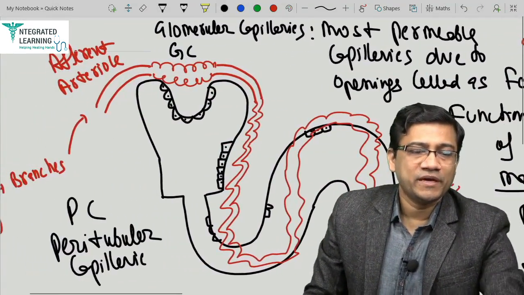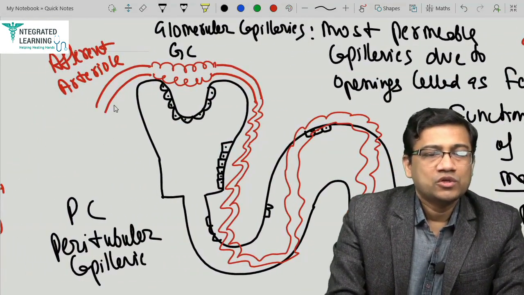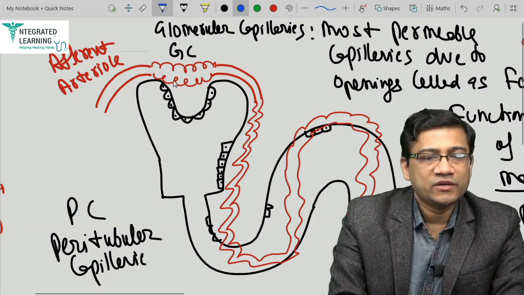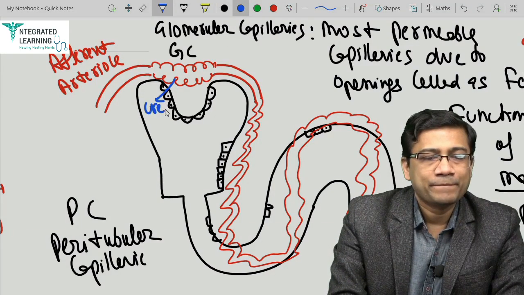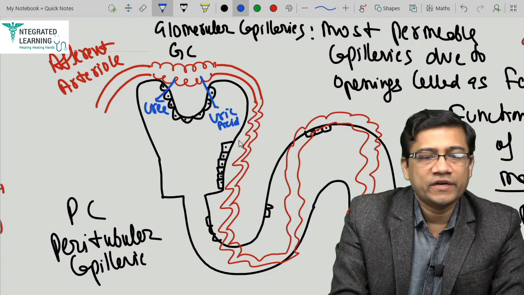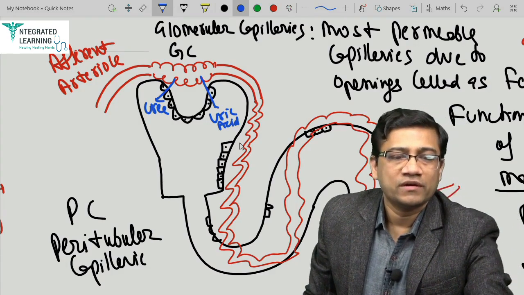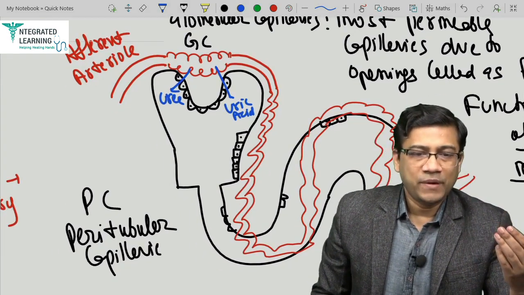So let me make it in the diagram form. So let's say in the filtration, you are filtering urea, uric acid. So as they are filtered, they would be out of what? Out of the plasma into the urine.